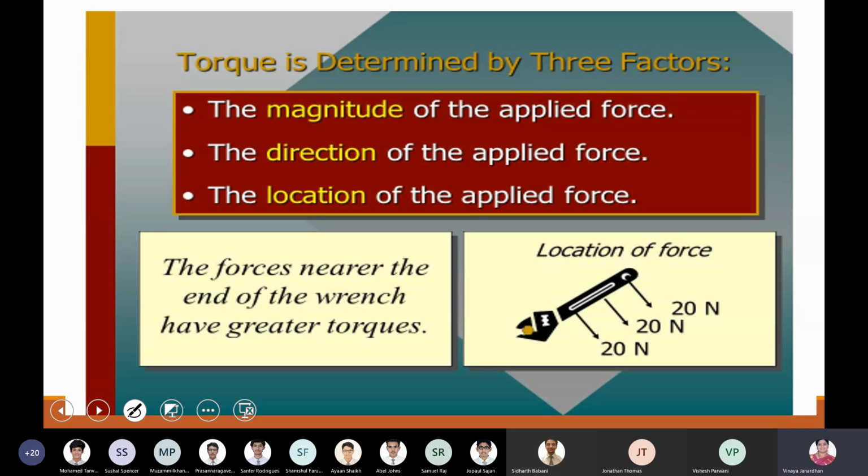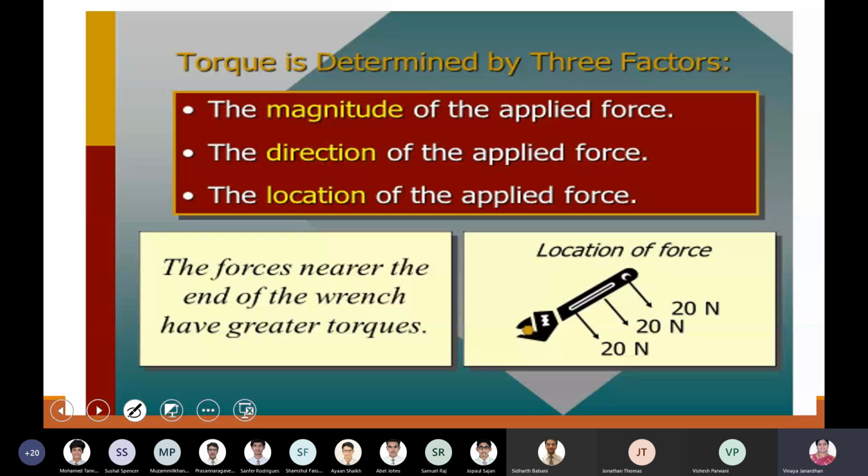And torque is determined by 3 factors. So the magnitude of the applied force, the direction of the applied force, and the location of the applied force.